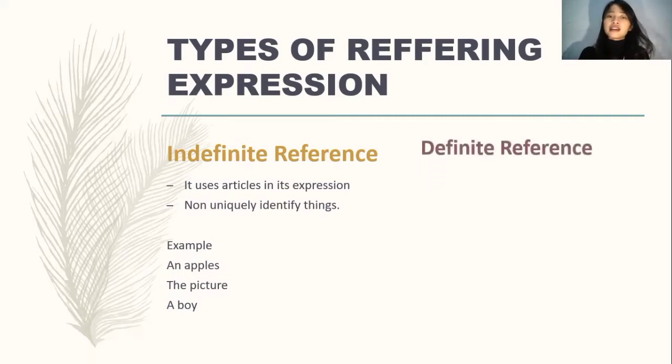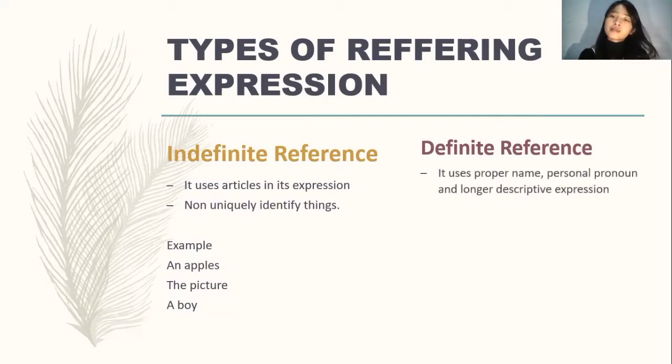Another type of referring expression is definite reference. Definite reference usually uses a proper name, a personal pronoun, or a longer descriptive expression, and it is used to uniquely identify things.